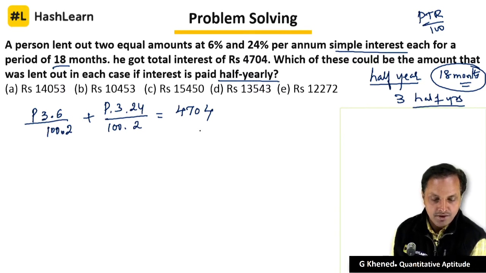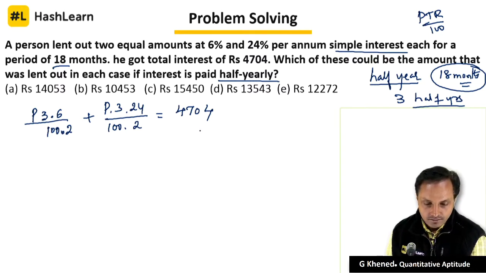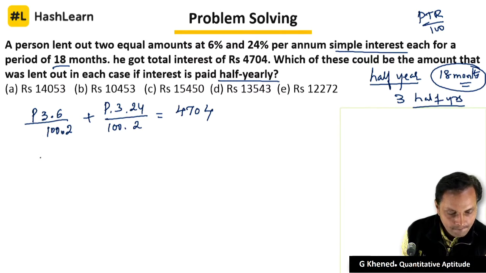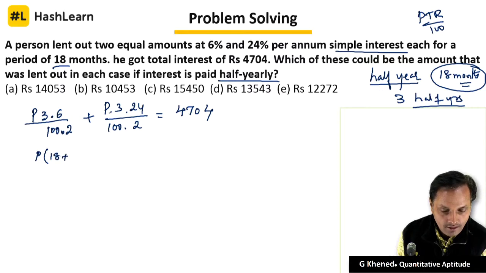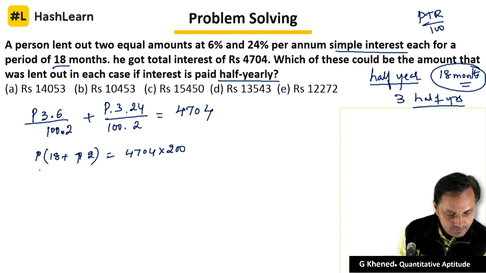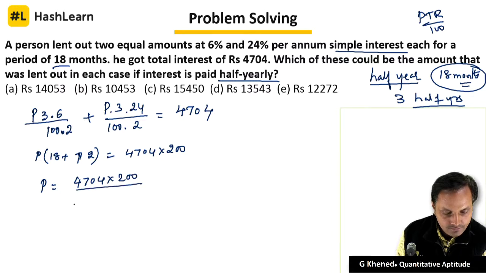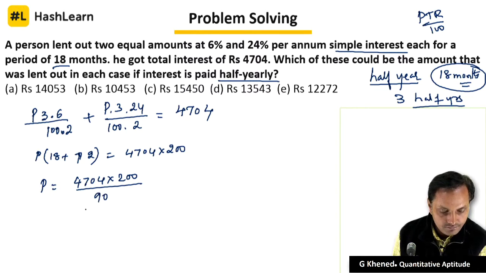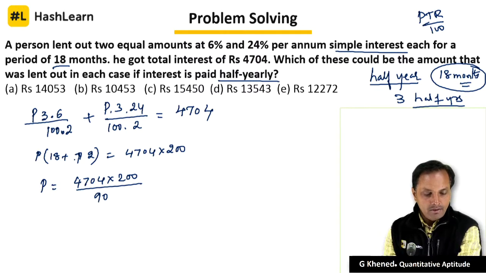So if you do the simplification, how much will you get? 18, 24 into 3, so P will be equal to 4704 into 200, 72 plus 18 will be equal to 90 there.